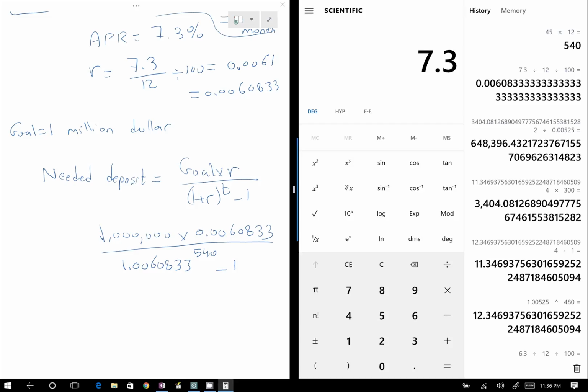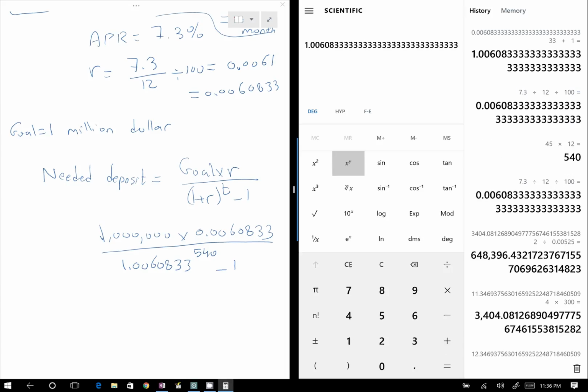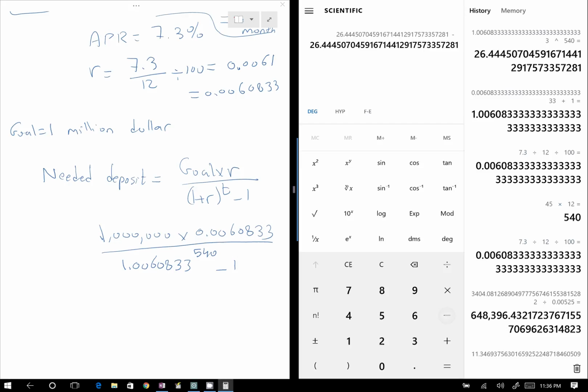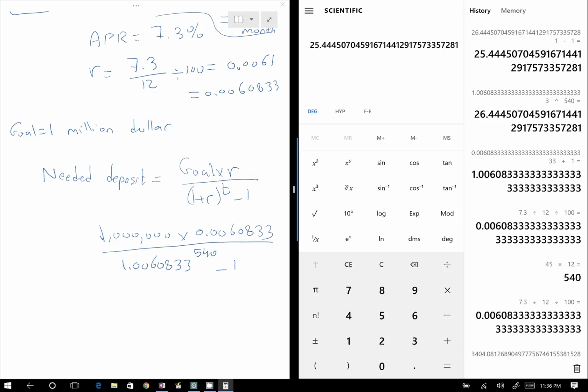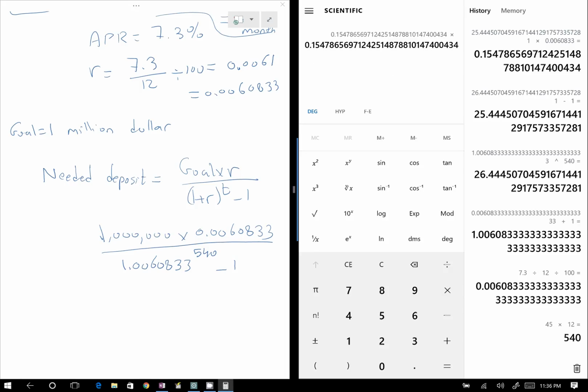Let me get 7.3 divided by 12 divided by 100 plus 1 raised to the power 540 minus 1 over answer multiplied by 0.006083 multiplied by a million.